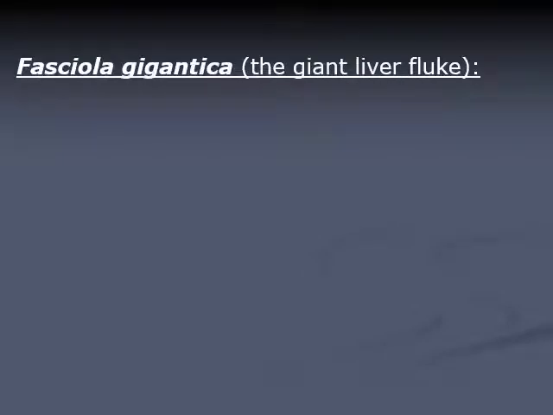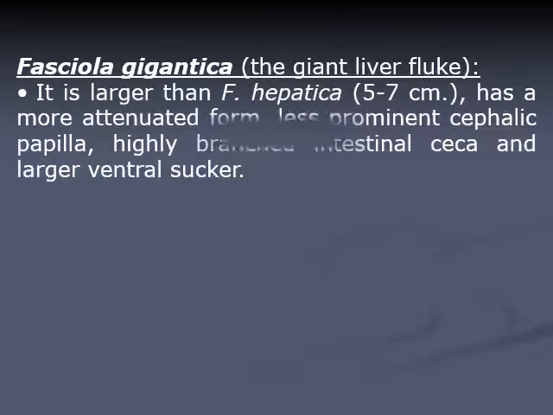Fasciola gigantica, the giant liver fluke. This one is more present in Egypt and North Africa and in America. It is larger than Fasciola hepatica, about 5 to 7 centimeters in length, has a more attenuated form, not broad, elongate.